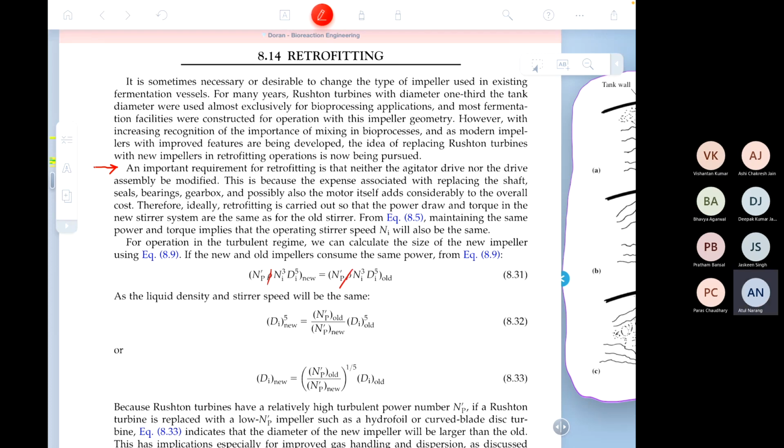And as I just mentioned, if not only power but also the torque has to be the same, then the impeller speed of the new and the old one is also the same. So this also disappears. All you are left with is this relationship: the impeller diameter of the new one to the power 5 is equal to this, which means D_I new has to be equal to this. This is the ultimate formula you get.